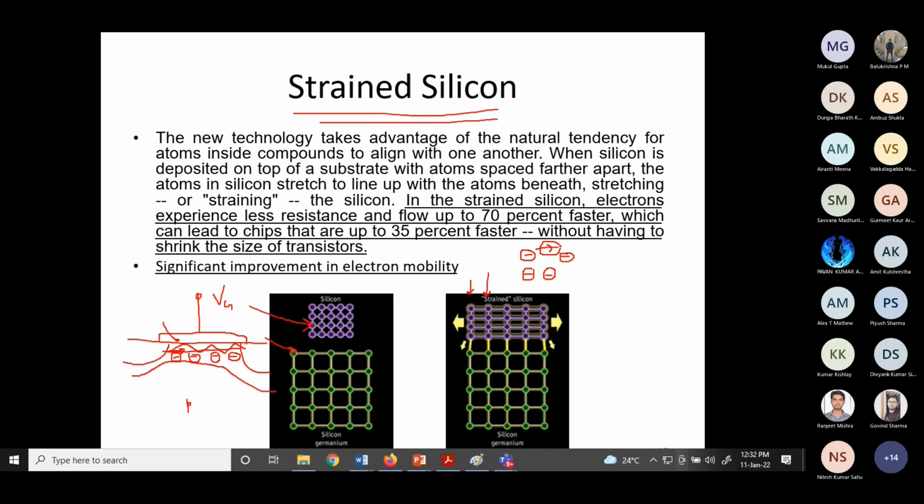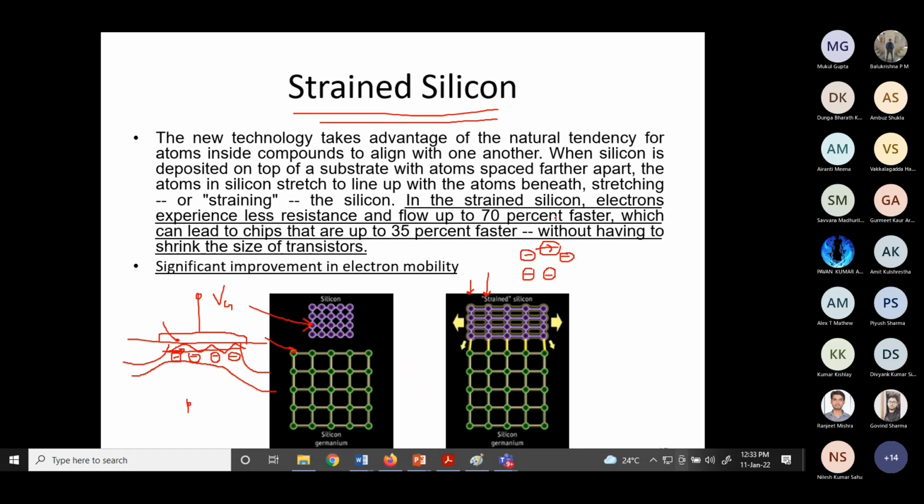So I don't want to go in that direction, but if you are interested, you can look at the net and see how strained silicon behaves, and sometimes we create this strain in the source and drain, not in the substrate, and so on and so forth.